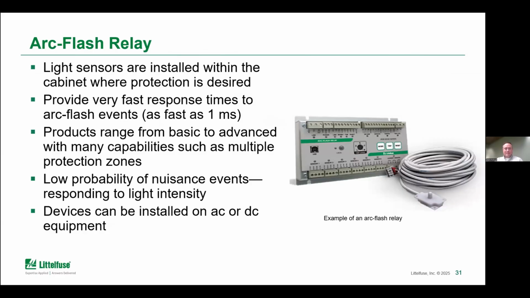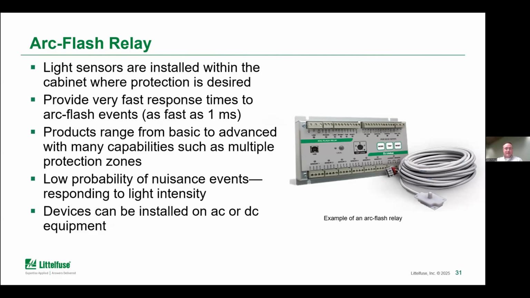So, as I mentioned before, the way the arc flash relay works is by having light sensors that are installed throughout the cabinets, whether it's in the bus bar compartment or the breaker compartment. You would put the light sensors wherever the arc protection is desired, wherever those locations are that could create an arc.